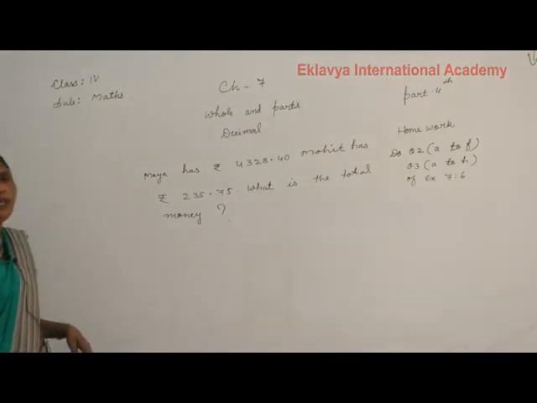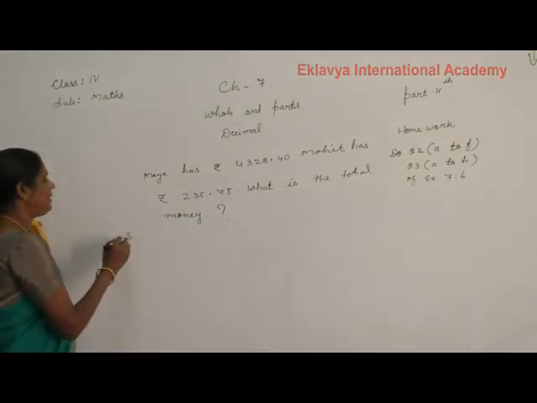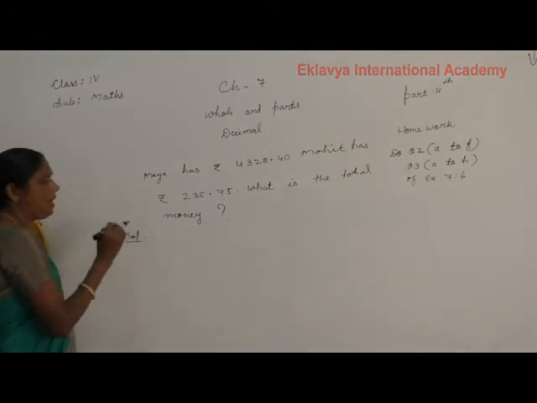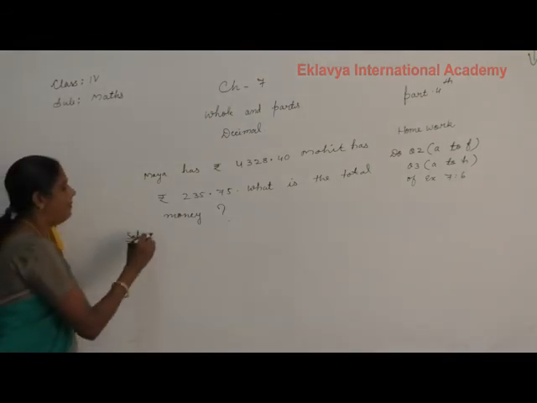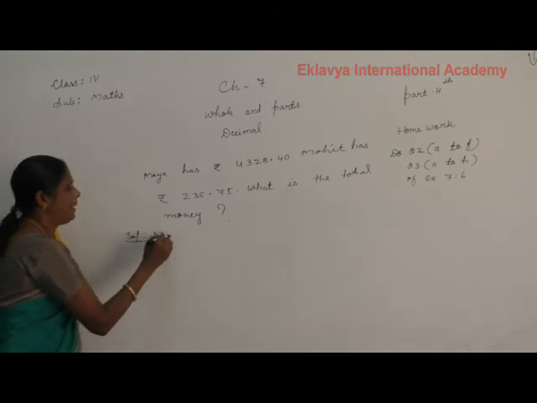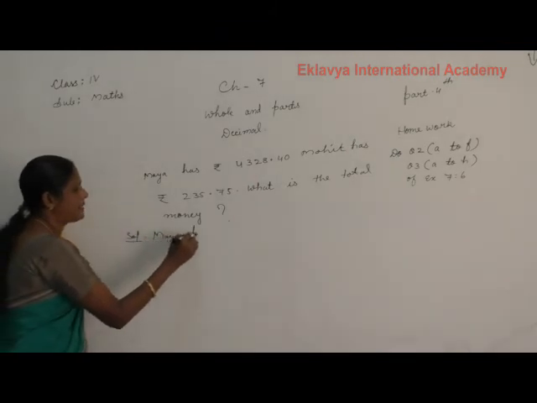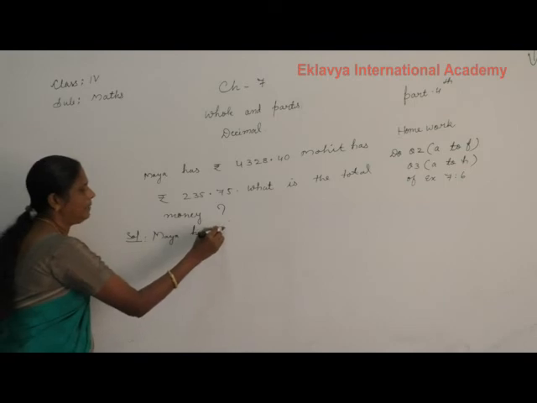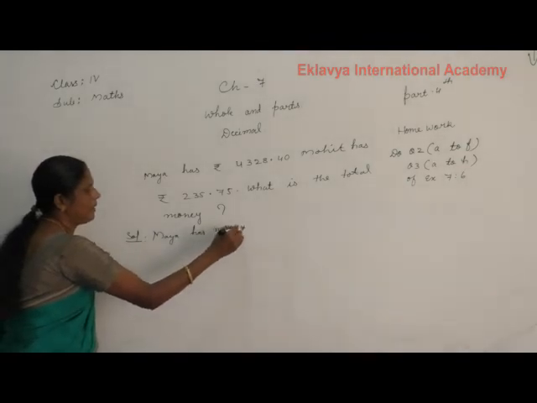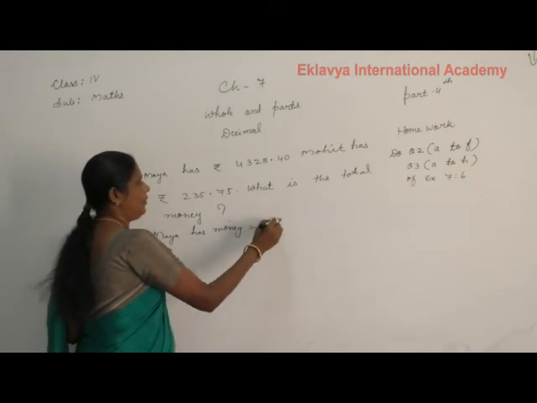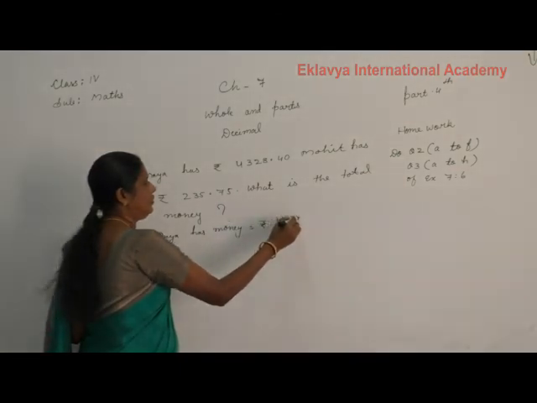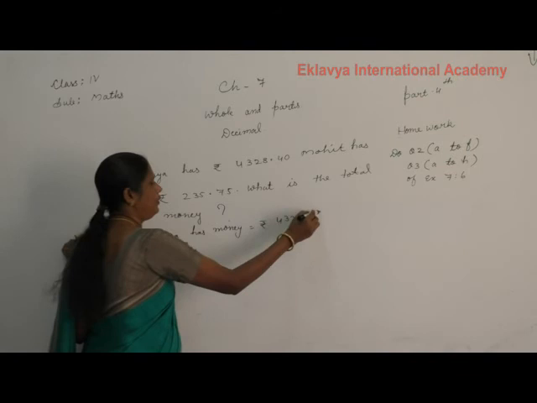Then first we write the statement here. Maya has money, rupees 4,328.40.